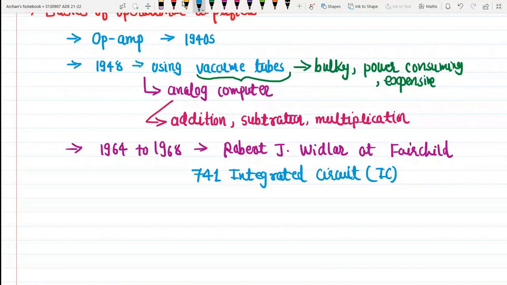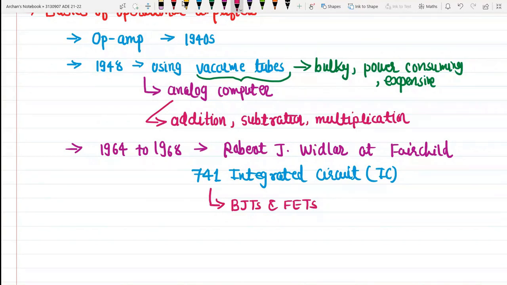So what did they change? Initially, operational amplifiers were made up of vacuum tubes, which are bulky, consume a very high amount of power, and were expensive. Between 1964 and 1968, at Fairchild Semiconductor, Robert J. Widlar found the IC 741, which is made up of transistors like bipolar junction transistors and field effect transistors.